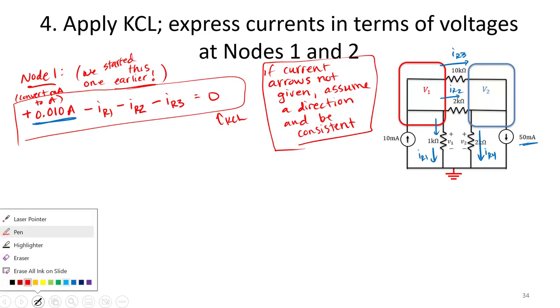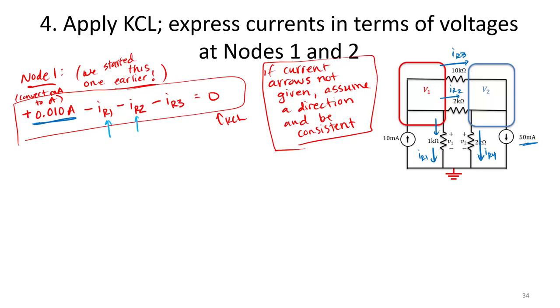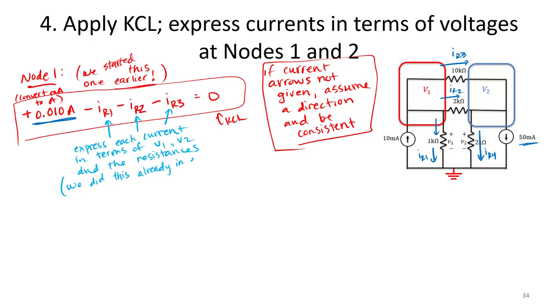But remember, we need to express each of these currents in terms of the node voltages. So in terms of V1, V2, and the resistances. And we did this already in our earlier examples.